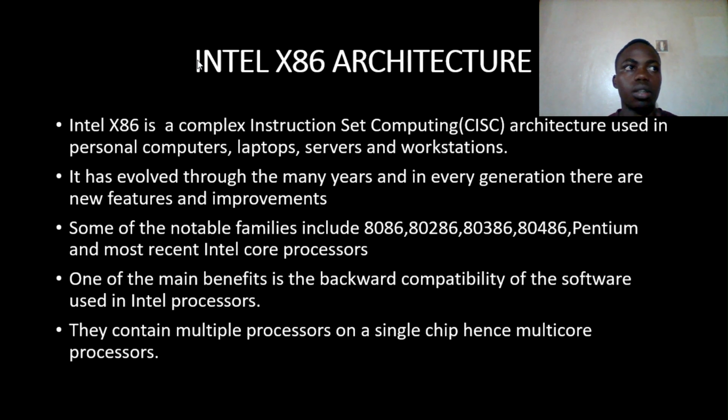We look at the Intel Core Solo, the Intel Core Duo, then Intel Series 1, and many other types. We go to Core 2, then we have Core i5, Core i3, Core i7, Core i9, with their respective capacities, as we are going to discuss in the evolution of the Intel x86 architecture. And one of the main benefits of Intel x86 is the backward compatibility of software with other Intel processors.